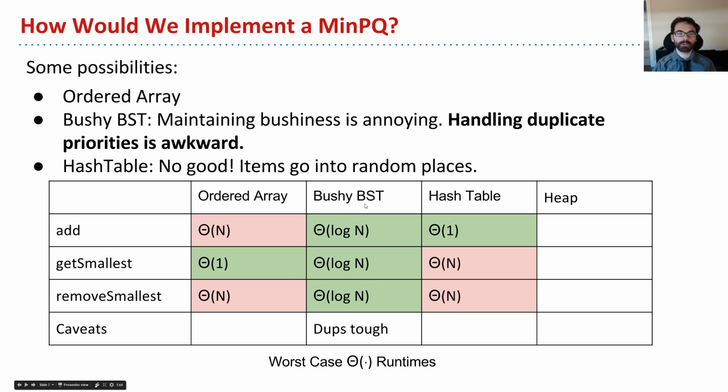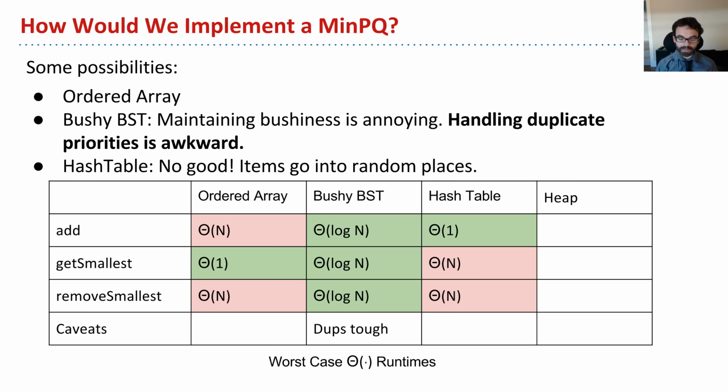How about a bushy binary search tree? If you think about what this would look like, and this is actually a pretty interesting exercise, I encourage you to think through how this would work exactly, but we could implement the sock with a bushy binary search tree. In that case, adding will always be log n, getting smallest will be log n, and removing smallest will be log n. But the only big issue is that the way we designed binary search trees is we said you could never have duplicates.